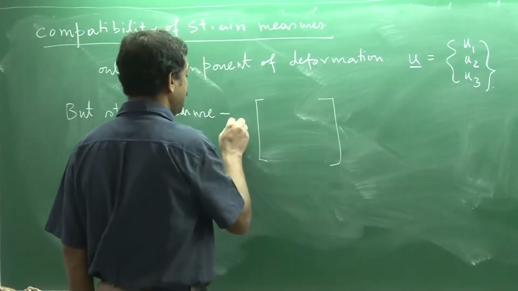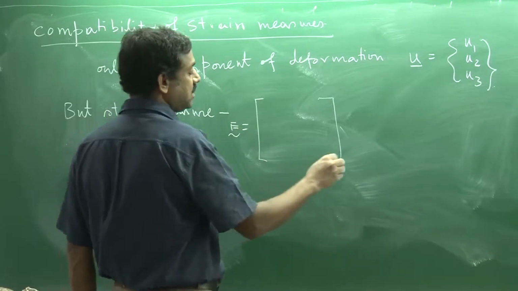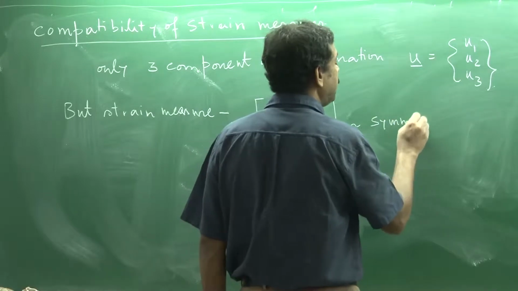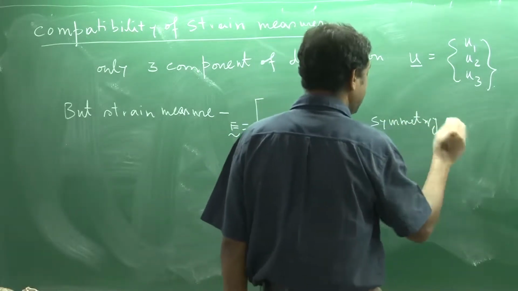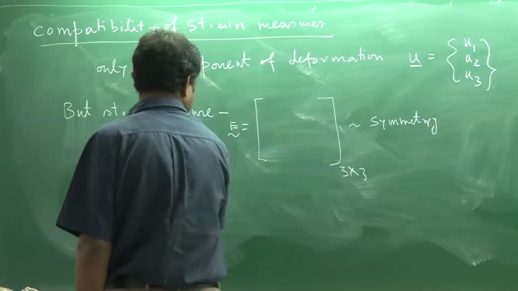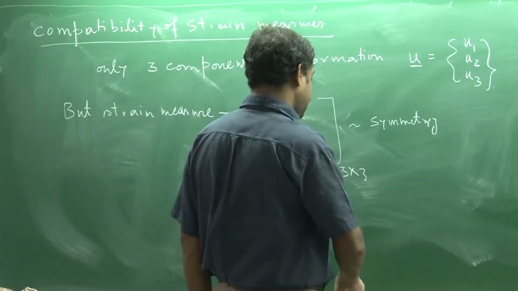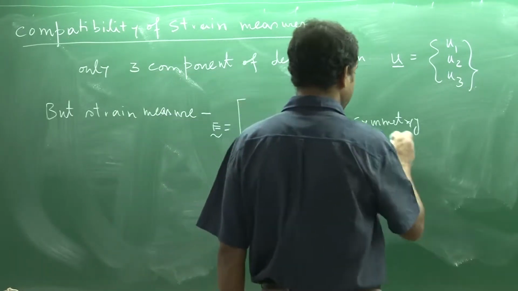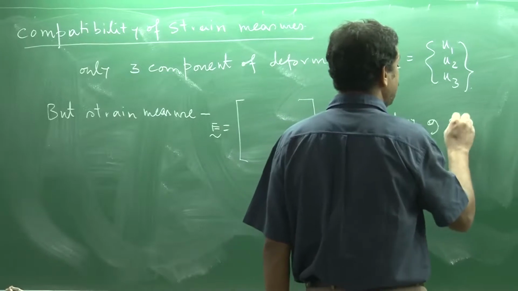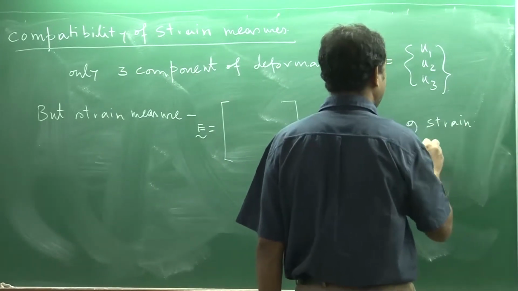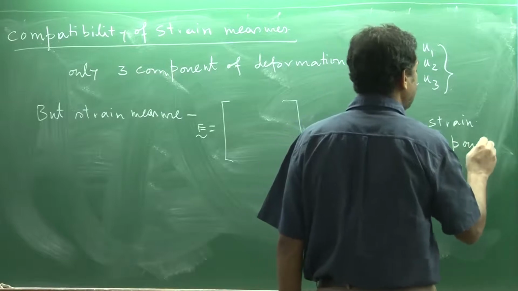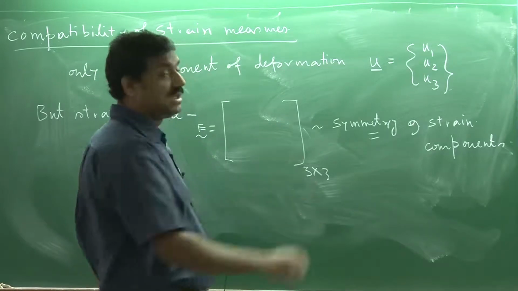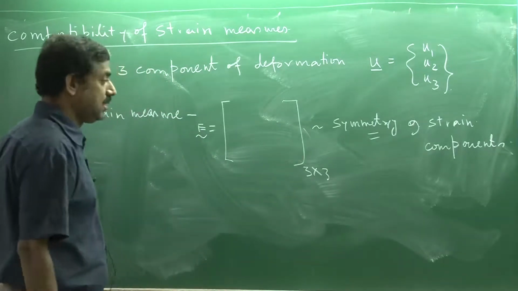Any strain measure is basically 3 by 3, so 9 components, but if you consider symmetry, then it can be reduced. So you have a strain displacement relationship in 9 components, right.